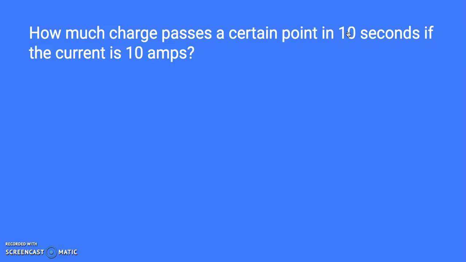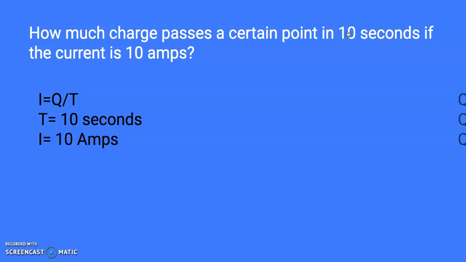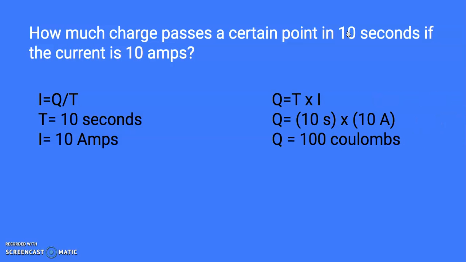First of all, we can write down the information that we know. The current equation is I equals Q over T. The time is 10 seconds, and the current is 10 amps. By rearranging this equation, we get charge equals time times current.